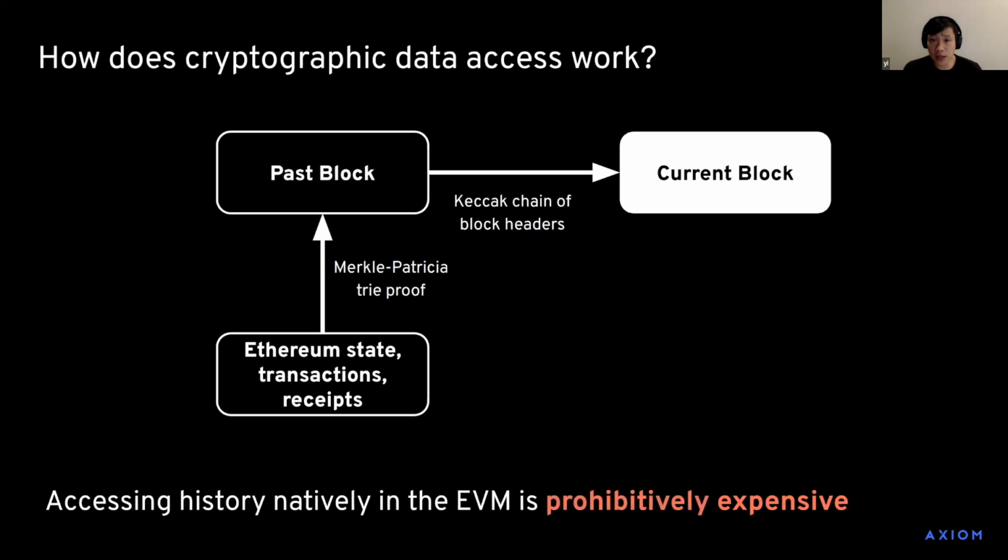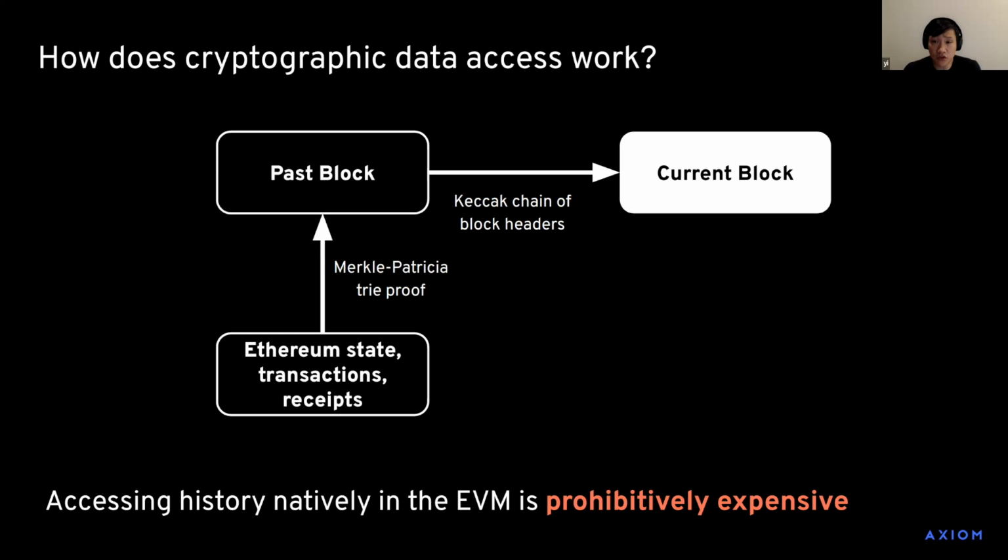Okay, so how would we concretely do this? Assuming that compute were no object, what one could do to prove some Ethereum transaction from 1 million blocks ago is to exhibit the block headers between the current block and 1 million blocks in the past, and check that the hash of each block header lies in the next block header.